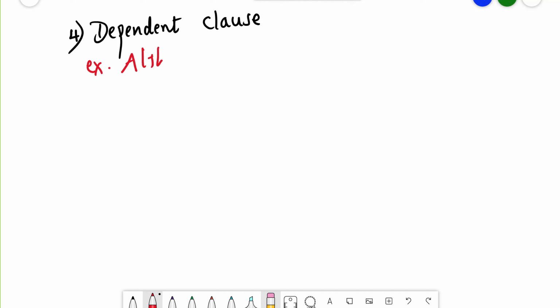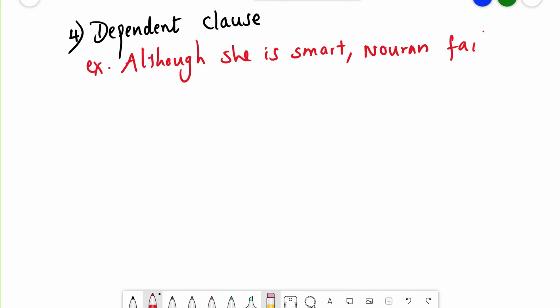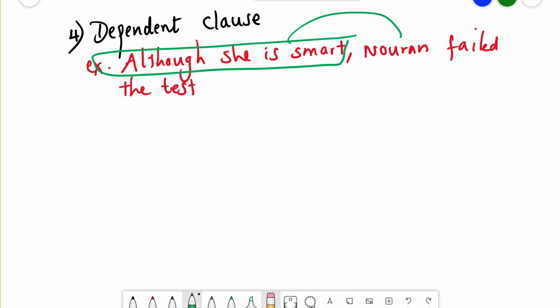Although she is smart, Nuran failed the test. Mister, where is the modifier? All the clause here is a modifier. It modifies what? It modifies Nuran.